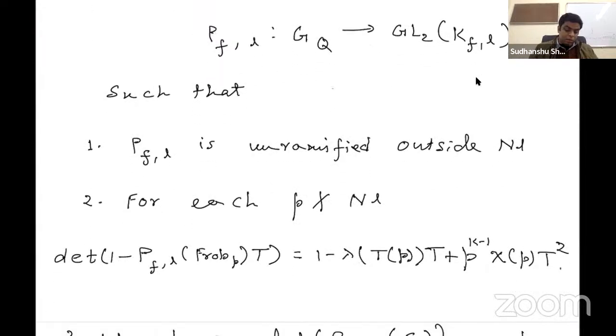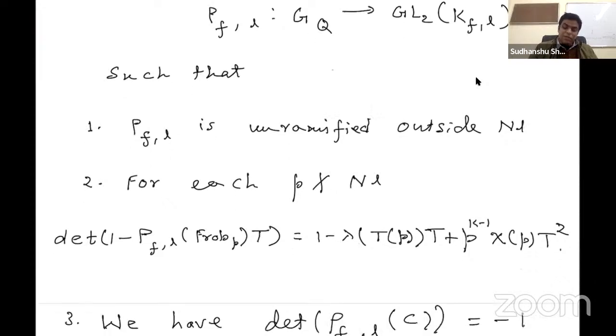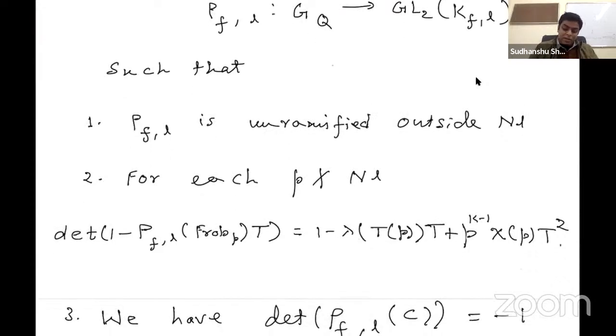What are those? The first one is that, the term which appeared at the beginning of the talk, rho_{F,L} is unramified outside NL. So one of the properties of this being geometric is satisfied here. It's unramified outside NL, the primes dividing capital N and L.